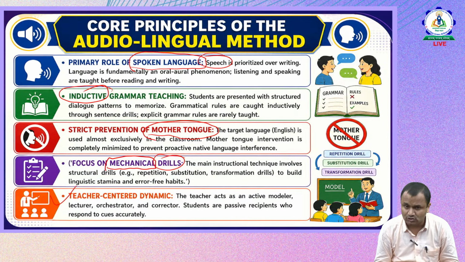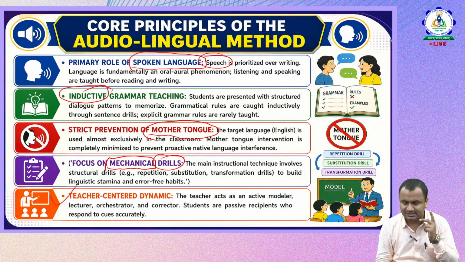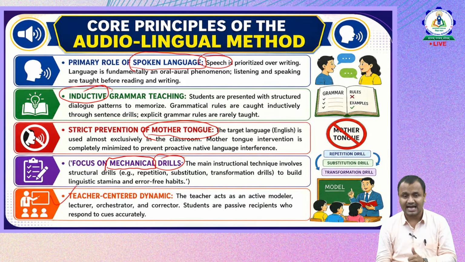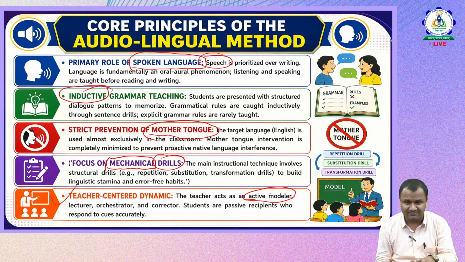The class is not student-centered. The teacher is working as an active role model, as a native speaker, as a lecturer, as an orchestrator, as a corrector. The teacher is working as the core, the root, the native speaker.